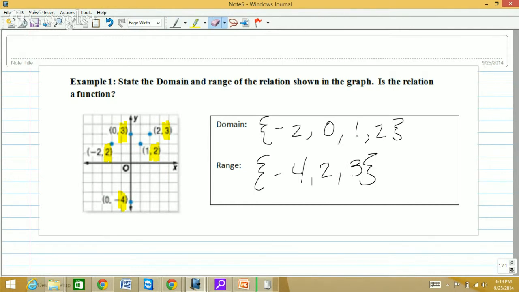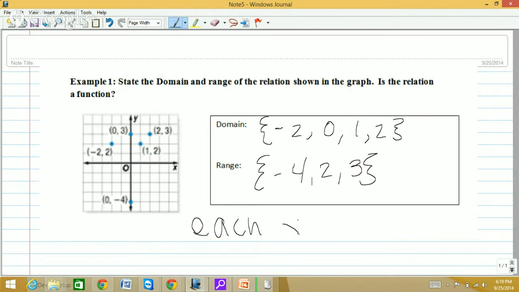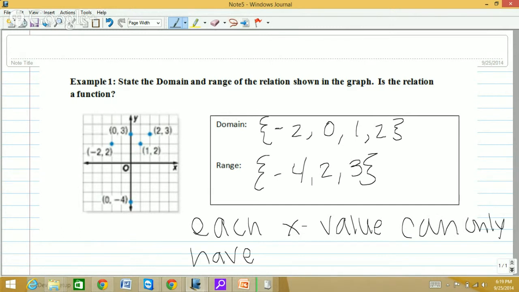So the other part of the question was, is this a function? So the way you can tell if it's a function, for each domain that you have, each x that you have, each x value can only have one y value.